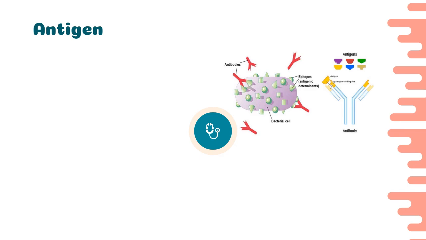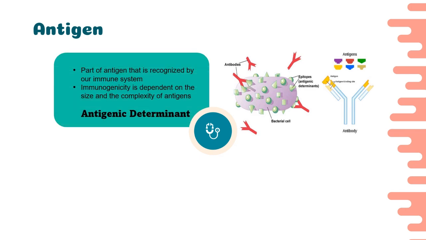We also have another term, which is antigenic determinant. Antigenic determinants are the parts of our antigen that are recognized by our immune system. So immunogenicity mainly depends on this and on the size and the complexity of this antigen. So the larger the size and the more complex these antigenic determinants are, the more immunogenic this antigen is.